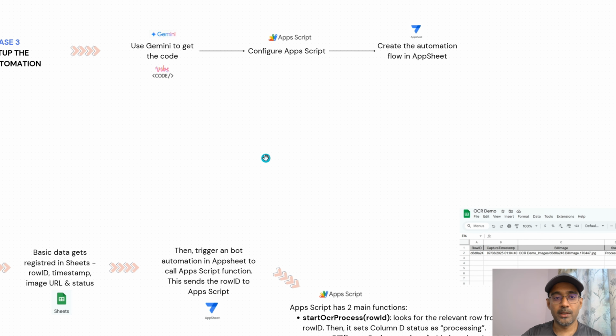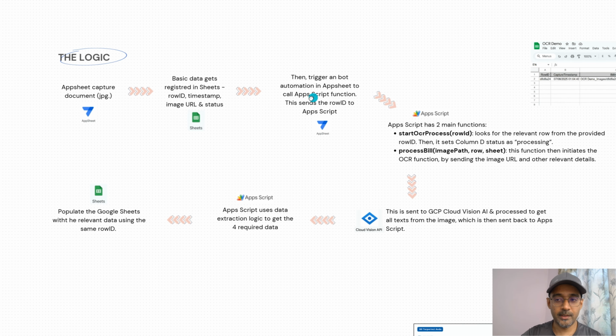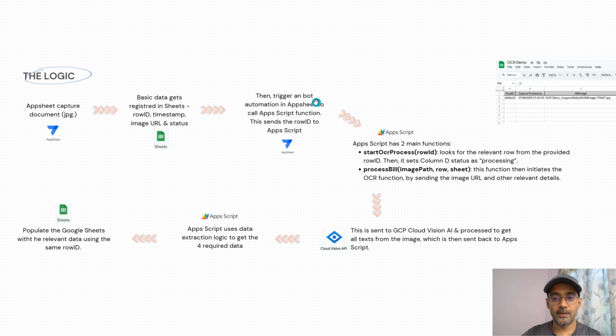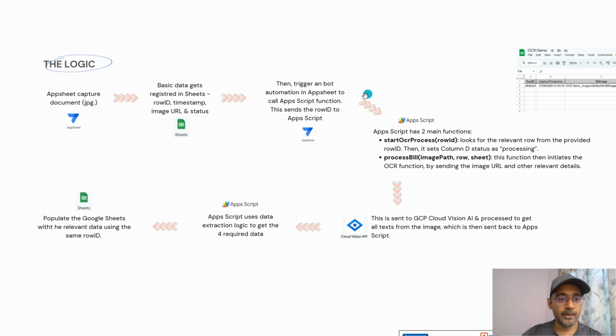Before going into the details, let's try to understand the overall logic, the flow of this whole system. The first step is AppSheet is the app. This can be either on your mobile phone or a desktop application.